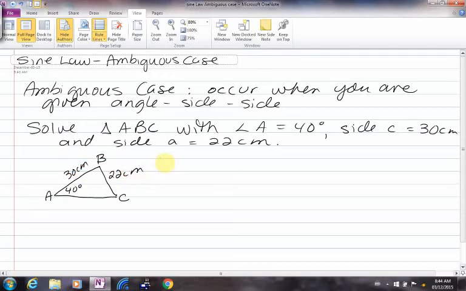So how many people drew a triangle that looks something like that? Excellent. All right. So that is one possible case.